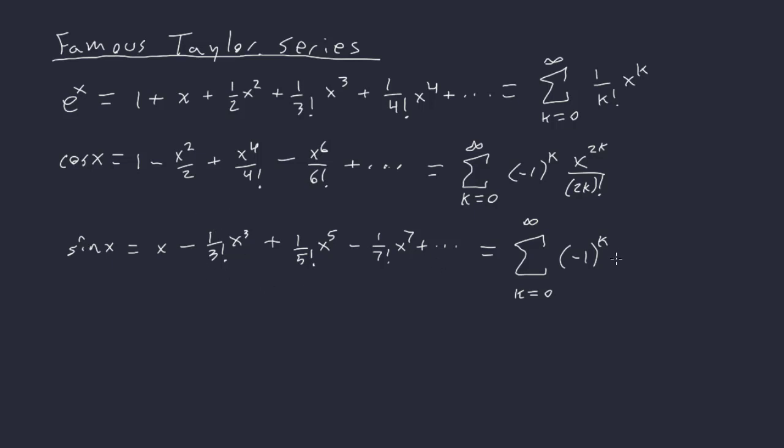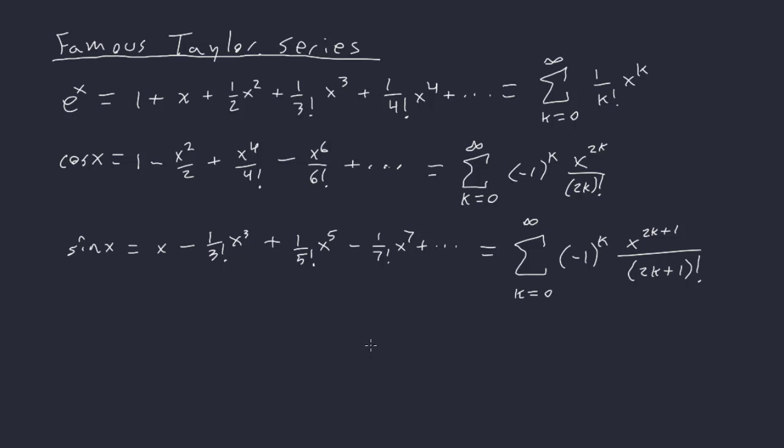When we put in the 1, we'll get the negative. Then here, I'm going to want 2k plus 1 in the exponent and in the factorial. That's because when I plug in 0, I'll get 0 plus 1, so I'll get x to the 1 and then 1 factorial. When I plug in 1, I'll get 2 times 1 plus 1, that will give me 3 and 3, so that's exactly what I want there.